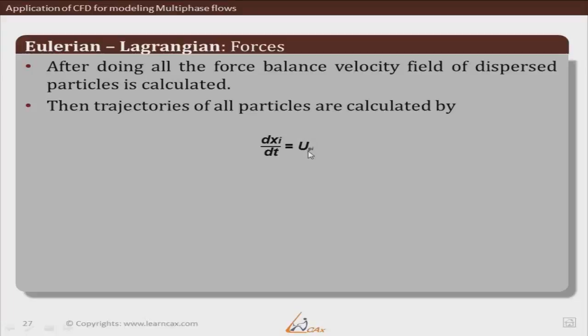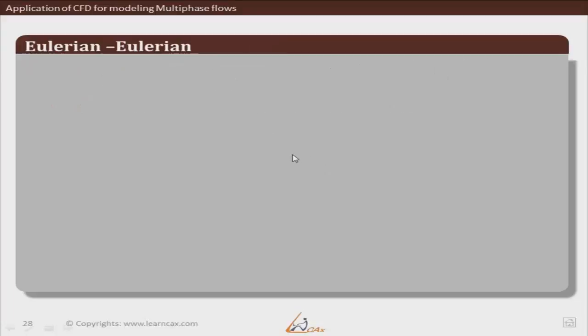So this relates velocity with respect to the location, the time derivative of location. Once we know the velocity of the dispersed or the secondary phase, we can find its location, and that way we find out the trajectory or path followed by the secondary phase. So this is how we use the Eulerian-Lagrangian approach in order to carry out modeling of a phase which is dispersed in the continuous phase.